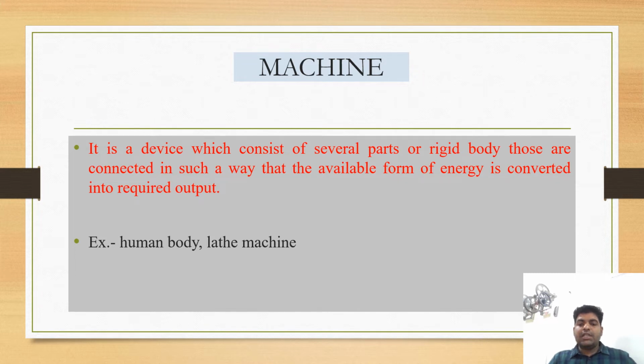Examples of machines we can see around the world: the automobile sector, lathe machines, drilling machines, grinders, and those at home. These are all machines which give comfort and reduce human tension, human issues, human health problems, and give human comfort.